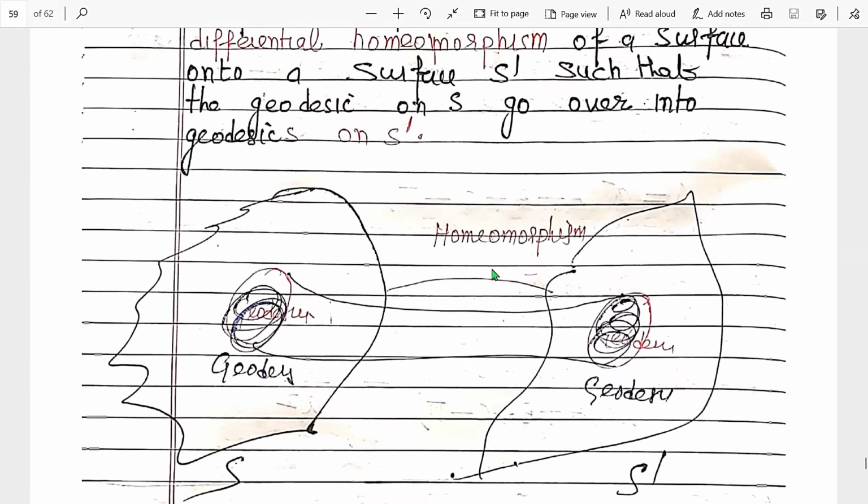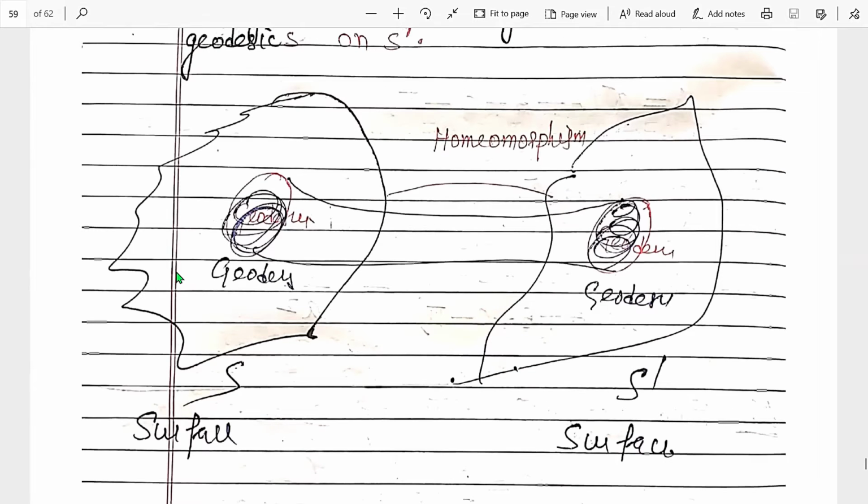Now we have some surface S, and this is some surface S dash.